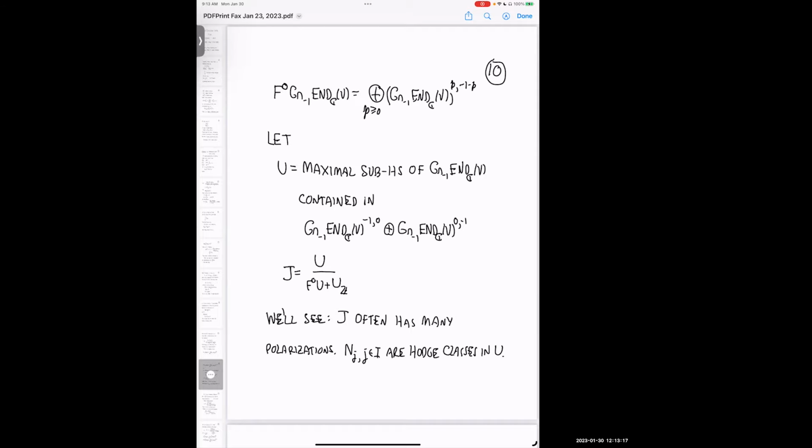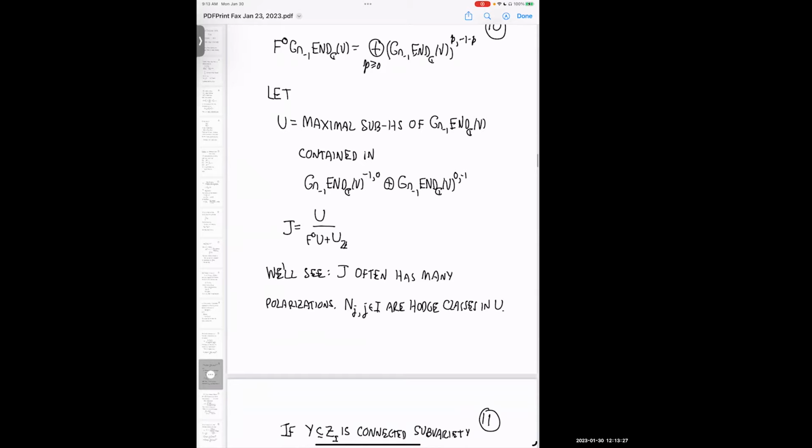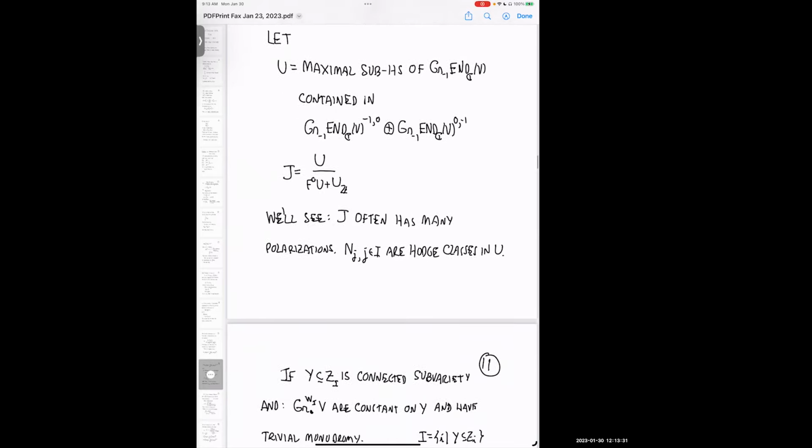And so if you have that, then you can, of course, make a complex torus out of this. And we'll see that often this J will have lots of polarizations, particularly coming from the NJs where J is, I'm sorry, now I made a mistake here too, J is not in I. Sorry.